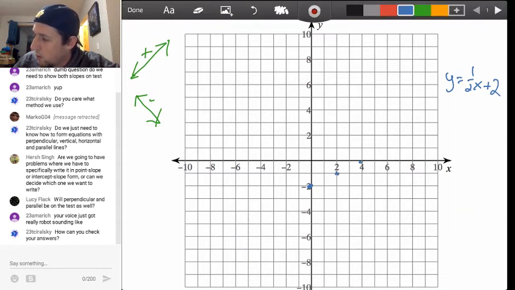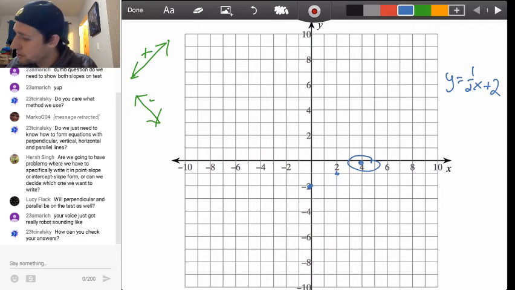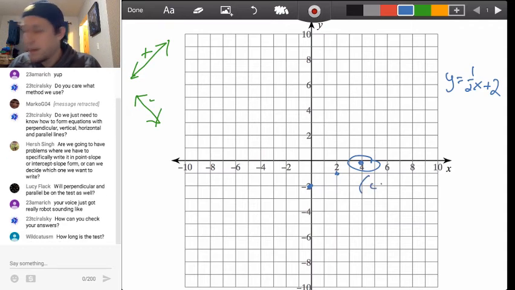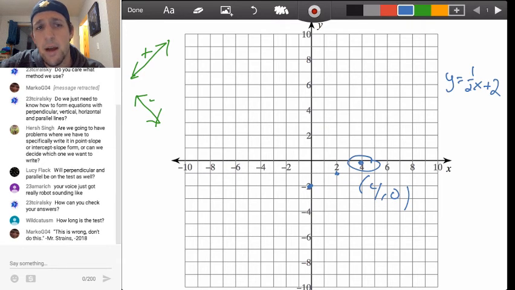Your slope is right, but you could check a point like this one. I didn't start there, so let me make sure that one's right. That solution would be 4, 0. If I plug 4 in for x, do I get 0 for y? I'm hoping we can tell that we definitely don't. When we plug 4 in for x, we get 1/2 times 4 is 2, 2 plus 2 is 4, so this should be up here.